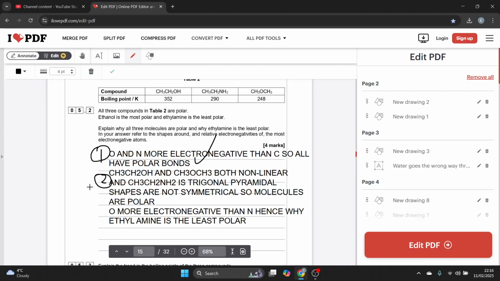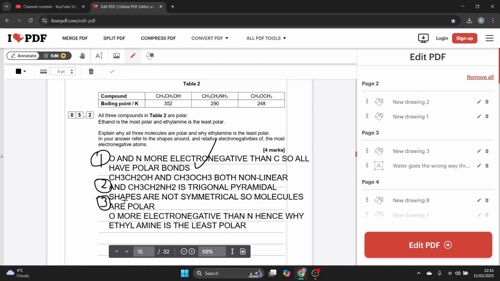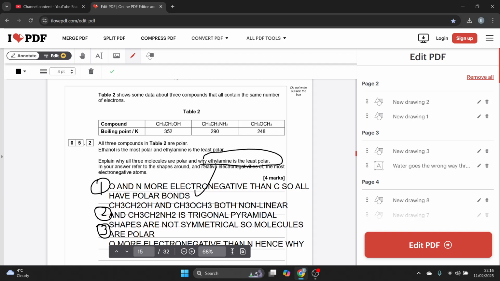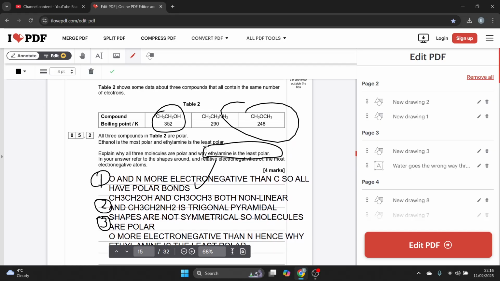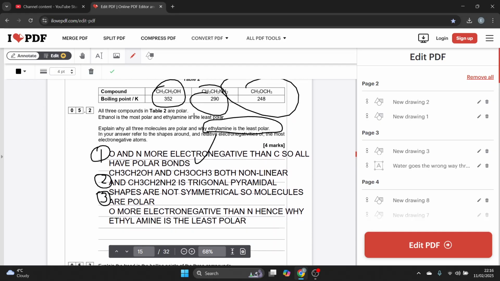They're not symmetrical, so therefore the molecules are polar. Because remember, if they were symmetrical, the dipoles would cancel out. And then why ethylamine is the least polar is because oxygen is more electronegative than nitrogen, and ethylamine doesn't have an oxygen in it. Or you could say nitrogen is less electronegative than oxygen, hence why ethylamine is the least polar.